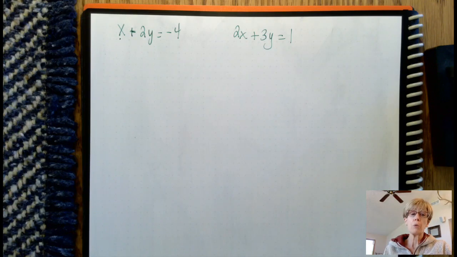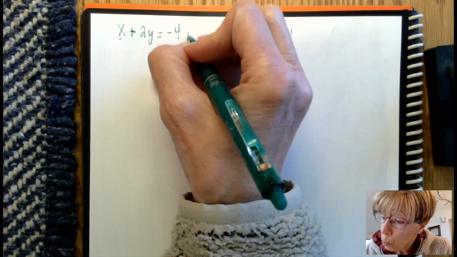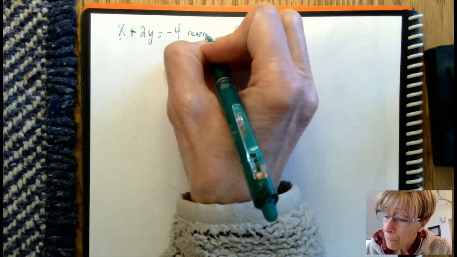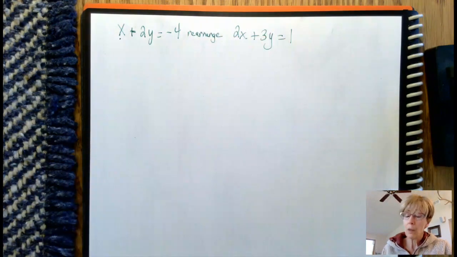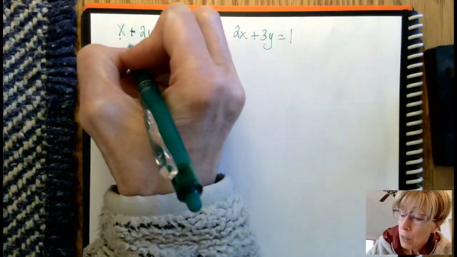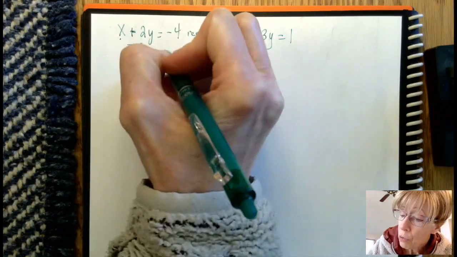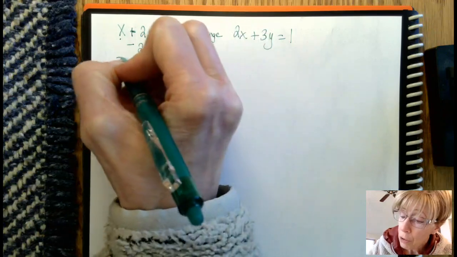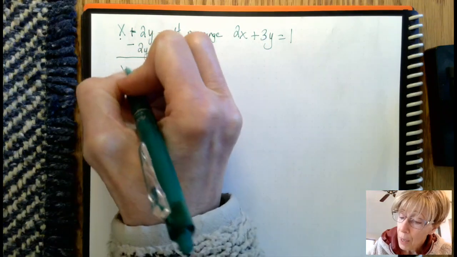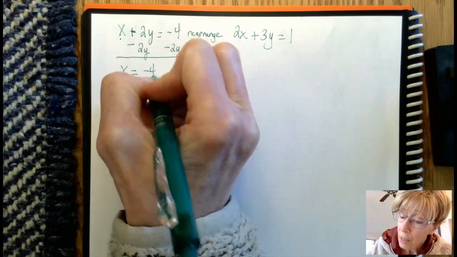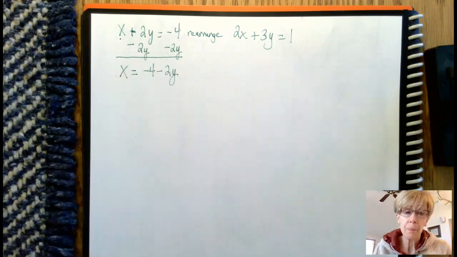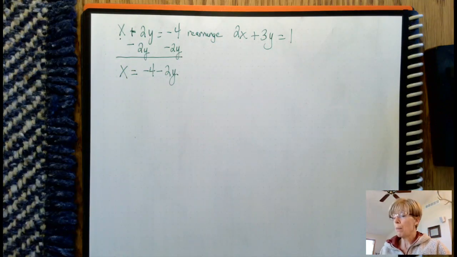So we want to rearrange this equation, solving for x. And that's going to require us to solve by subtracting 2y from both sides. We get x equals -4 minus 2y. If you wrote -2y minus 4, that'll work as well.